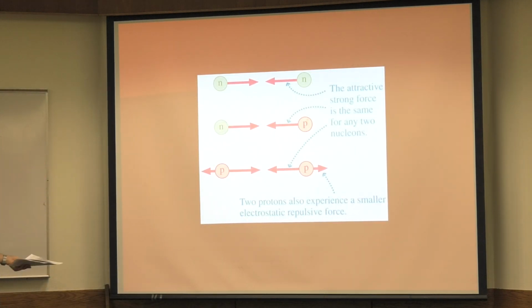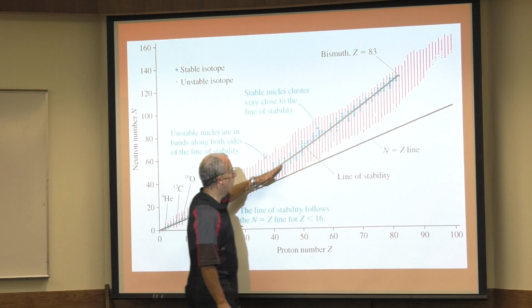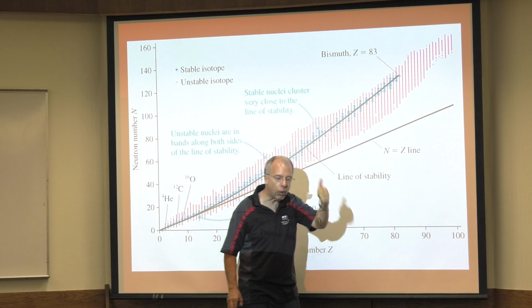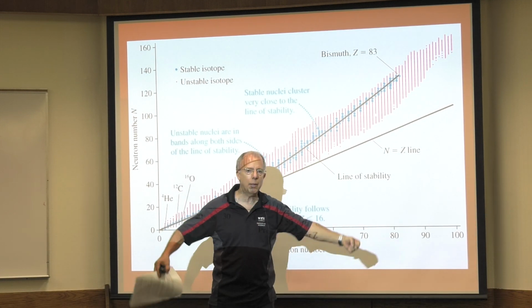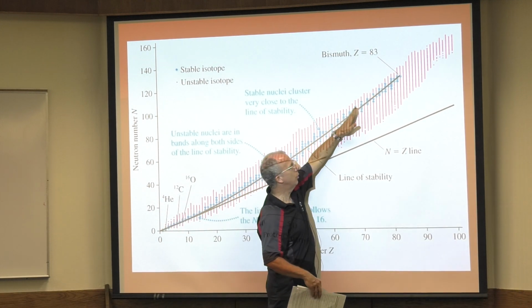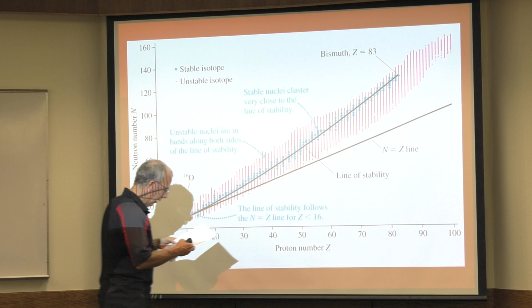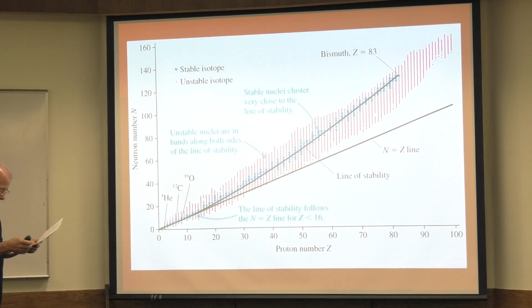The more strong nuclear force, right? So that's why you have more neutrons, because remember, the protons are repelling. But if you have a whole bunch of neutrons, then you get more and more of that strong nuclear force. So that's why you have more and more neutrons here, okay? Does that make sense? All right, let's quit.